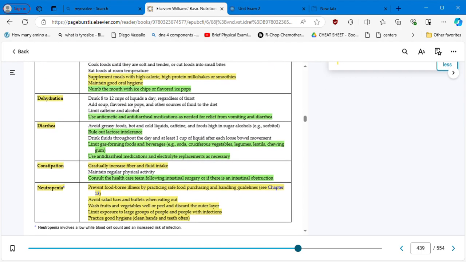Dehydration, use antiemetic and antidiarrheal medication as needed for relief from vomiting and diarrhea. Okay. In terms of diarrhea, use antidiarrheal medication and electrolyte replacement as necessary. And the most important is to limit gas-forming food and beverage.